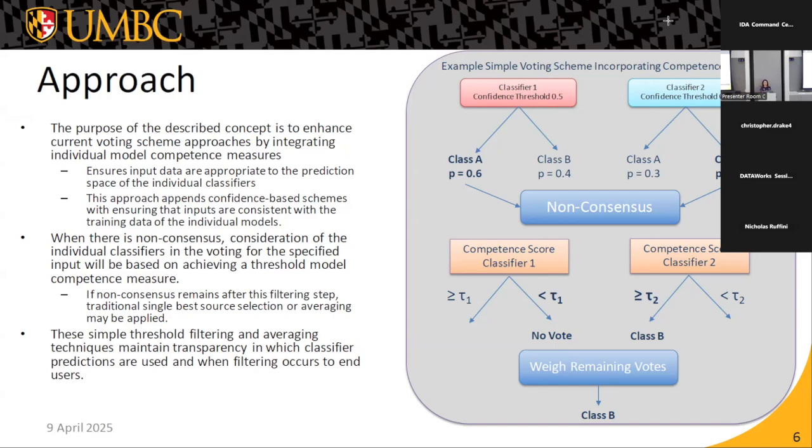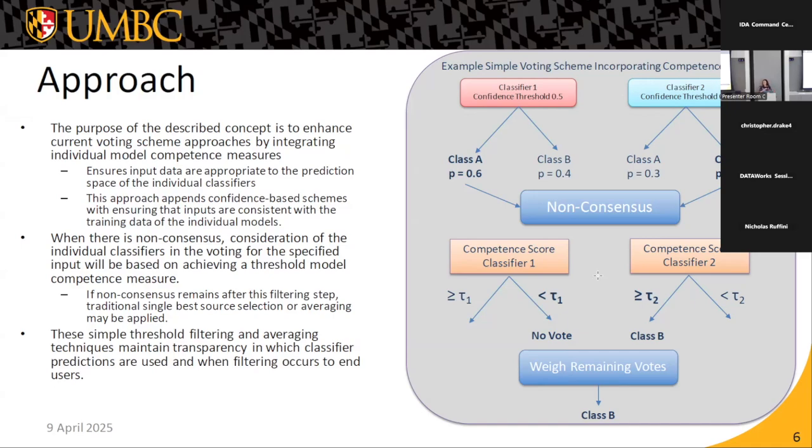And in that additional step, we look to see, as I show here on the right, that the competence score for classifier 1 did not have a result that met threshold, whereas classifier 2 did.